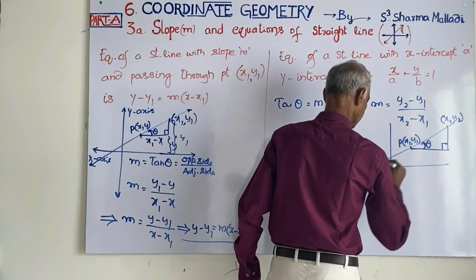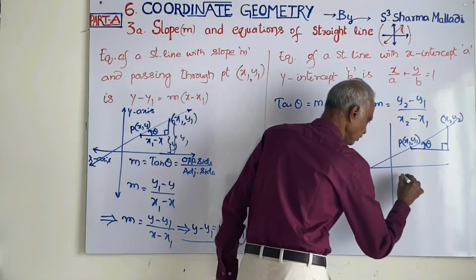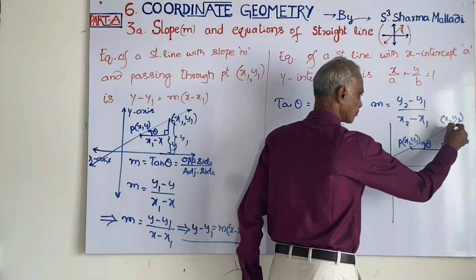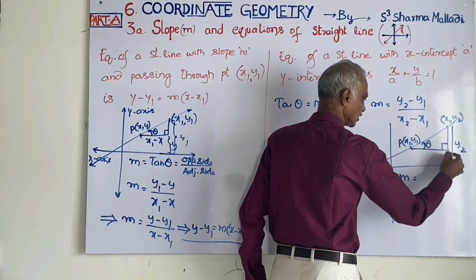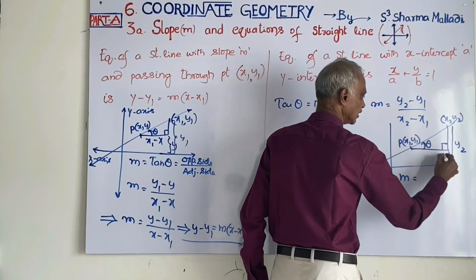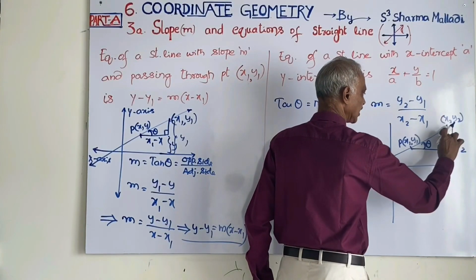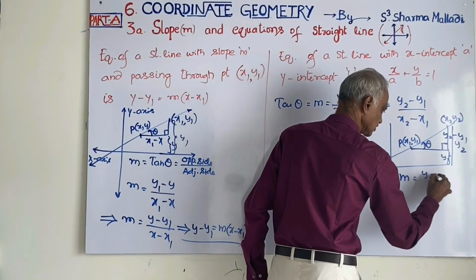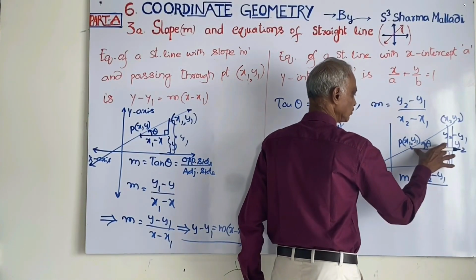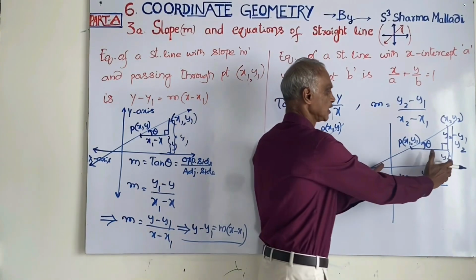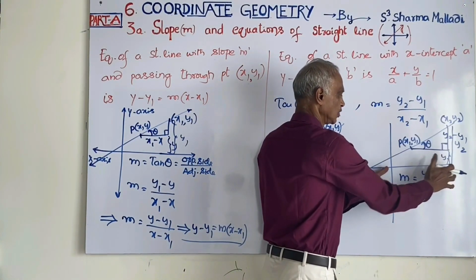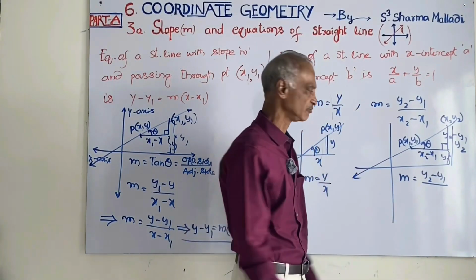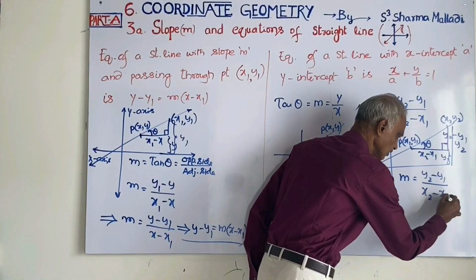Then m is equal to opposite side by adjacent side. This perpendicular distance will be y2 and this distance will be y1, so this distance will be y2 minus y1. Opposite side is y2 minus y1 by the adjacent side, which we take from here: x2 minus x1.